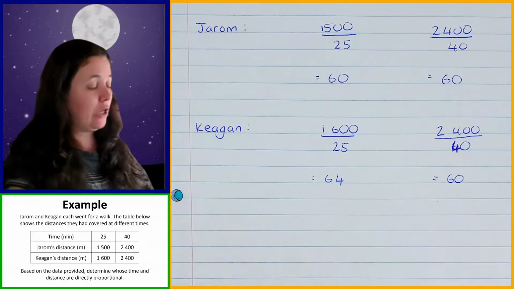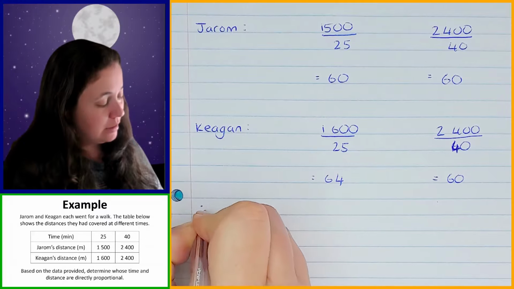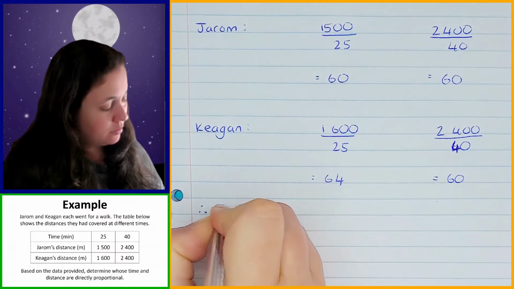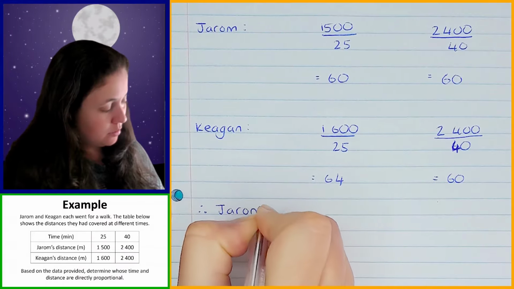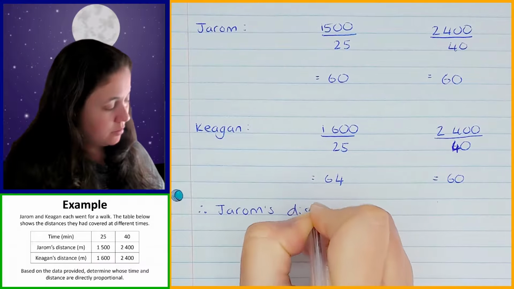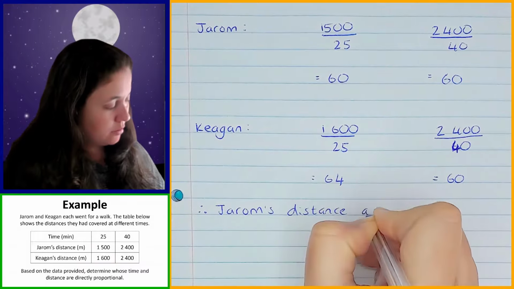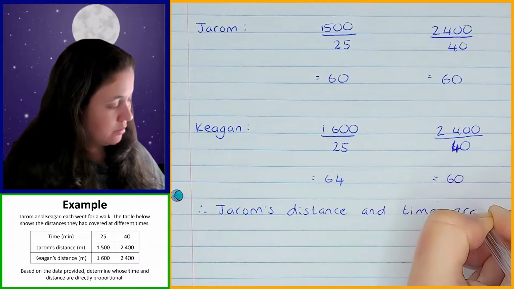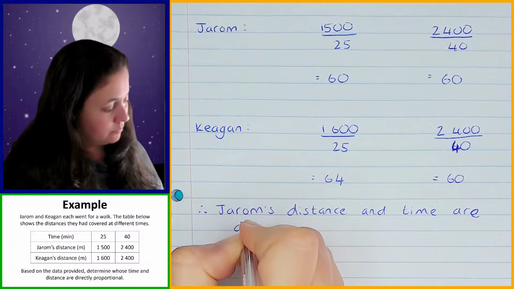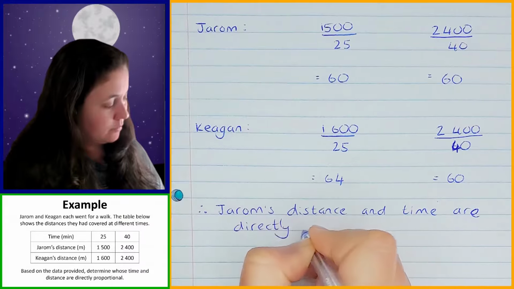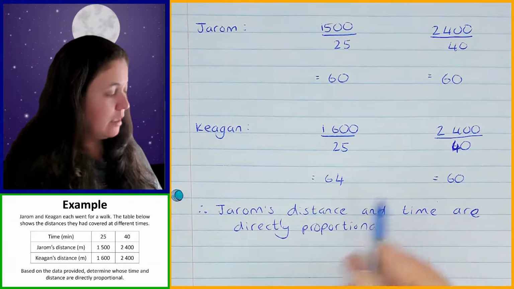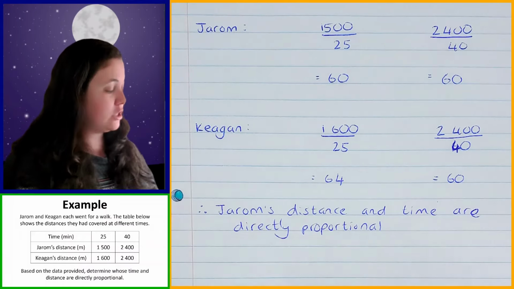So what I can say now is that Jerem's distance and time are directly proportional, but Keegan's are not.